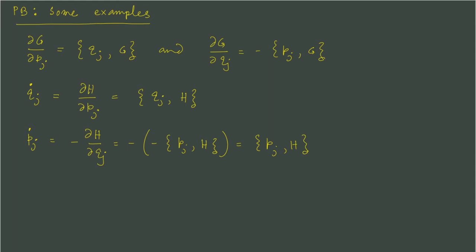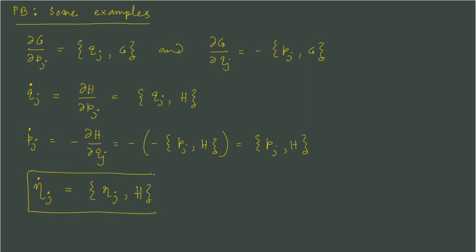So you see, when we use Poisson bracket, our equations of motion for q and p look identical. So it has a very convenient form. We can simply write that for the jth independent coordinate, let's say eta, which could be q or p, this is conveniently represented by this equation.